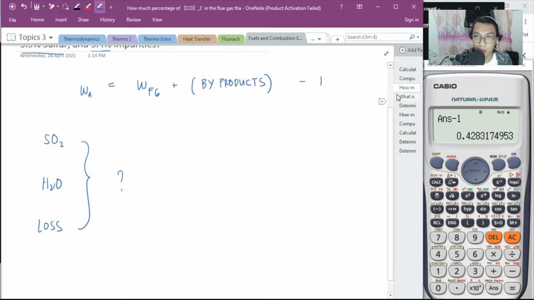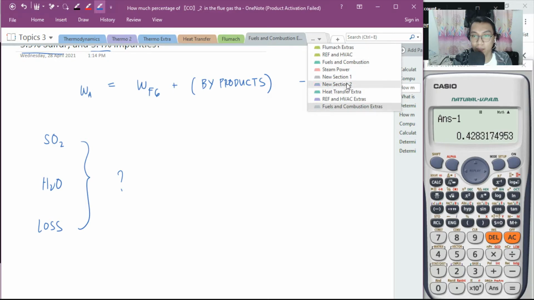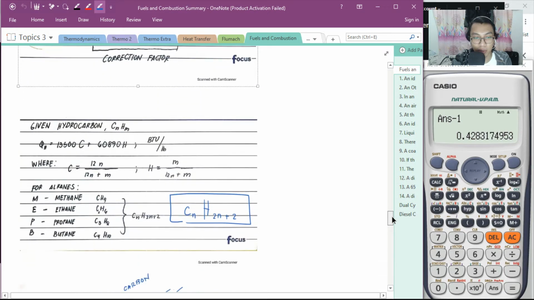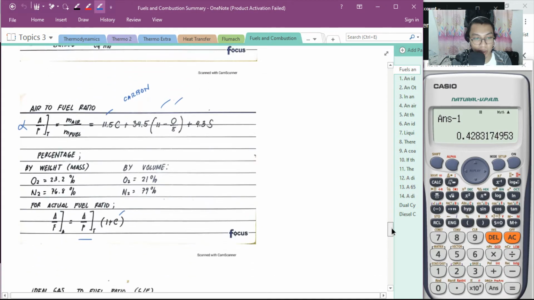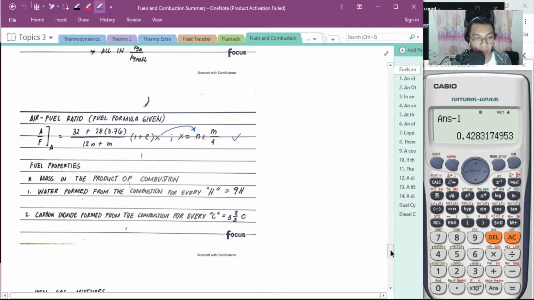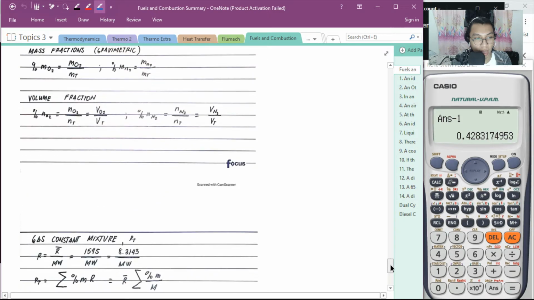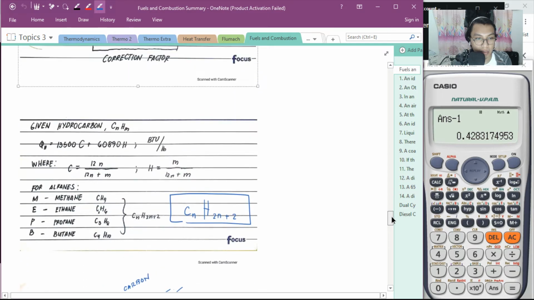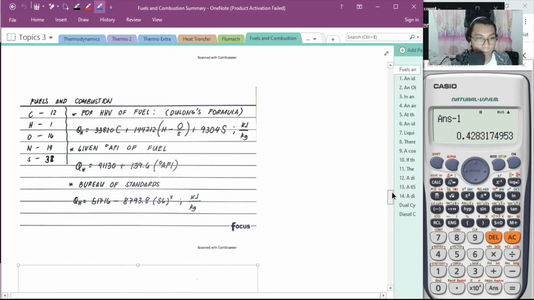Yung CO2 formed, tignan nyo to, sana ba yung ating formula? Ito yung formula natin. How about the CO2 formed? Naku, malas. Wala ata dito. Hindi ko nga naisama.